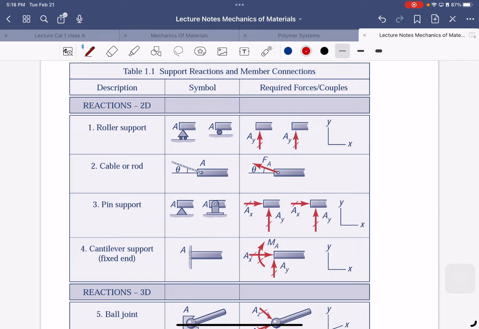And if this is a cantilever support, which means it has a fixed end. This pin support we can move, so that's why it has these reactions. But here, there's no movement.